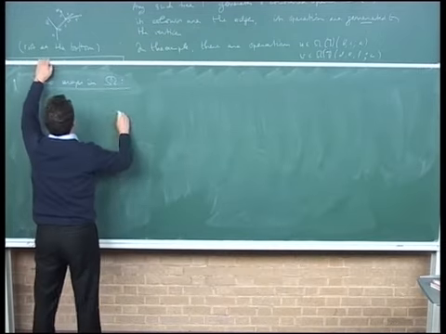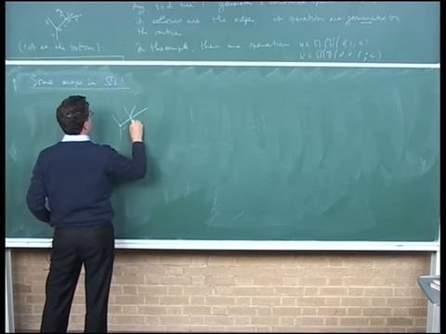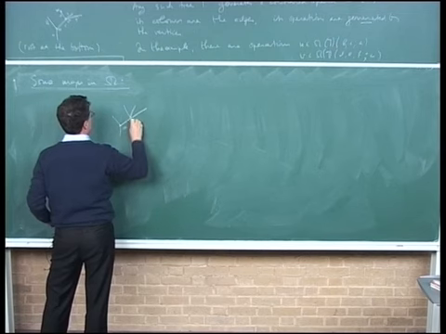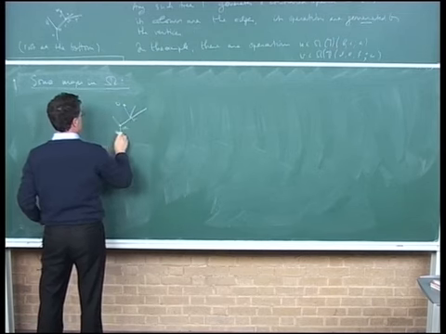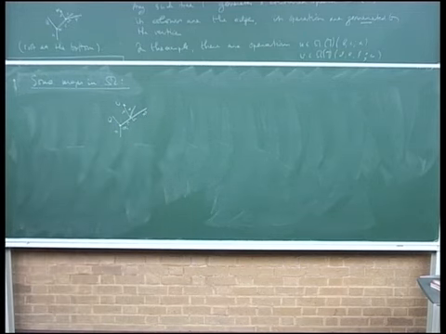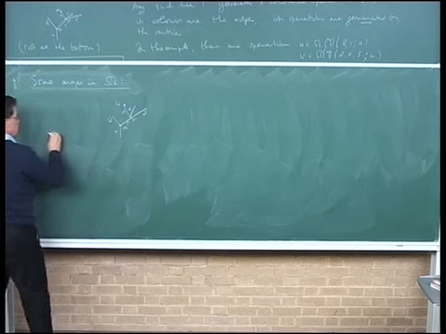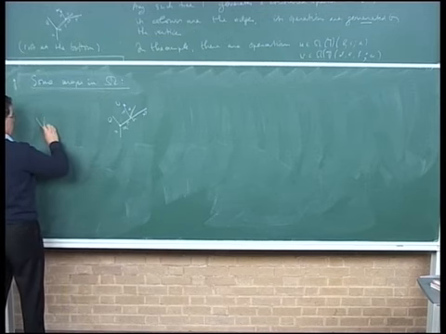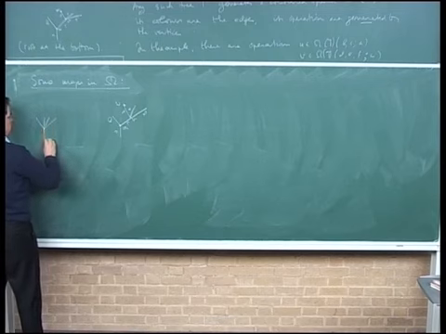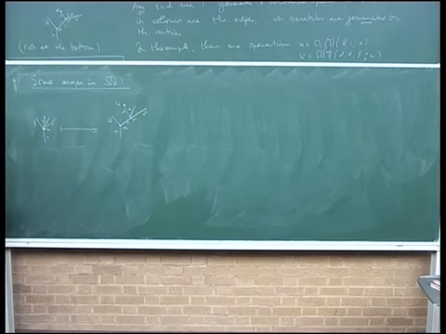So let me draw the same picture. A, B, C, D, E, F, V, U, G, W, A, B, C, D, E, F. So we have this operation U circle C, V. So there will be a map like this, B, D, E, F, A, X. I hope I did it correctly.